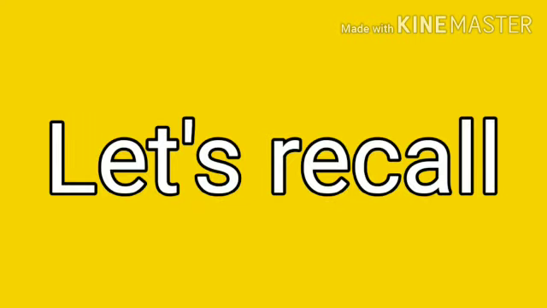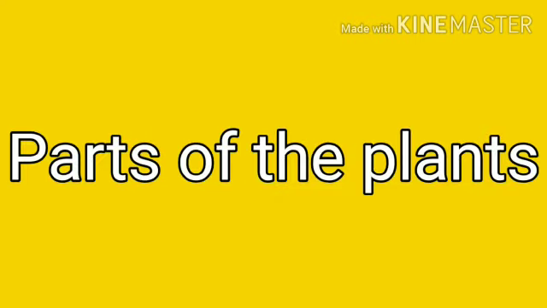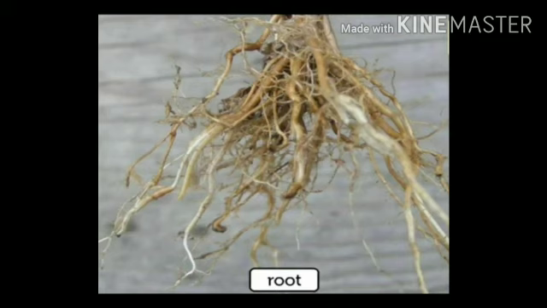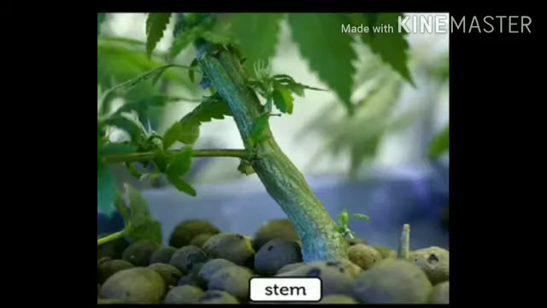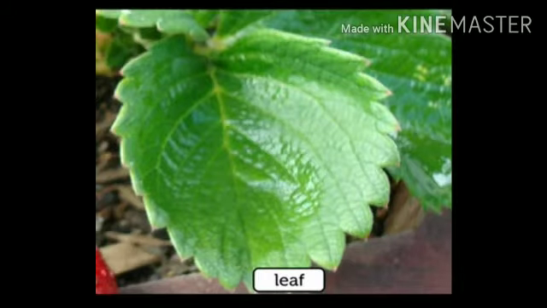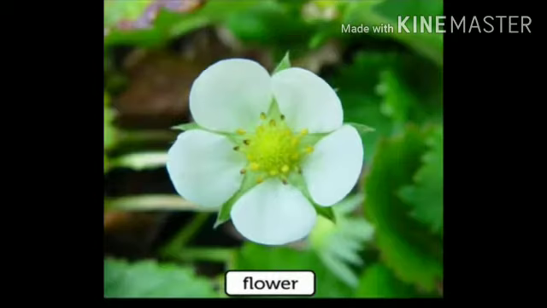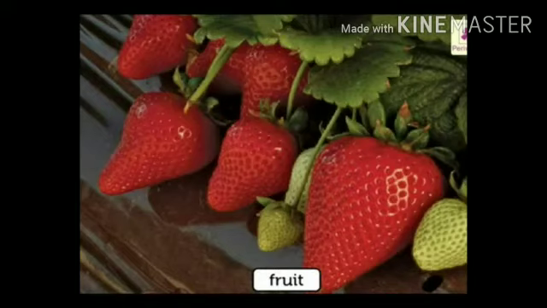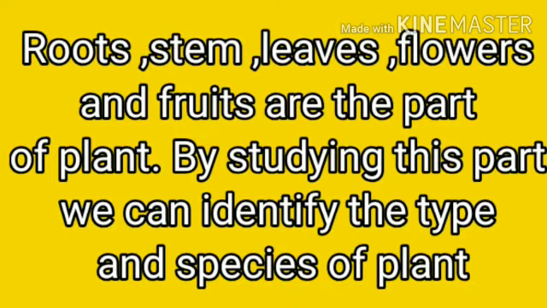Let's recall, children, about parts of the plants: root, stems, leaves, flower and fruits are the parts of a plant.